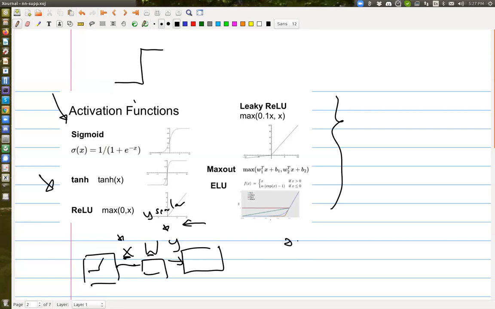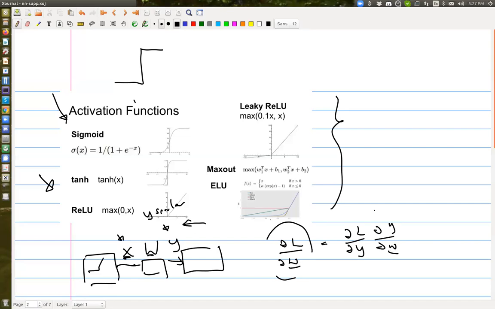I want to see how I'm going to change the weight, so I need to find the gradient of L with respect to the parameters W. I can use the chain rule: partial L over partial Y, and then partial Y over partial W.